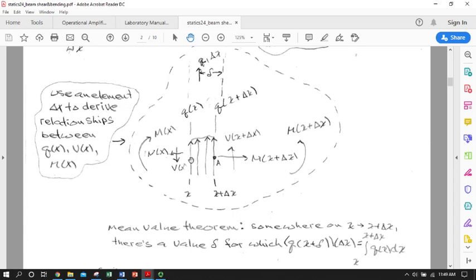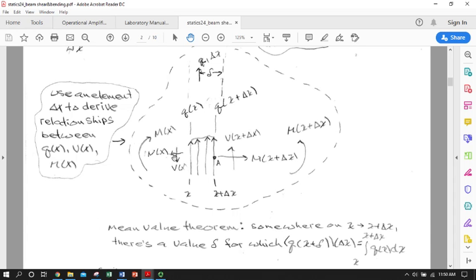As it just so happens, this beam has an upward distributed load defined by some function q, which is a function of your location x. So the value of the distributed load in newtons per meter or something at x is q at x, and over here it's q at x plus delta x. Maybe it's a little more, a little less.